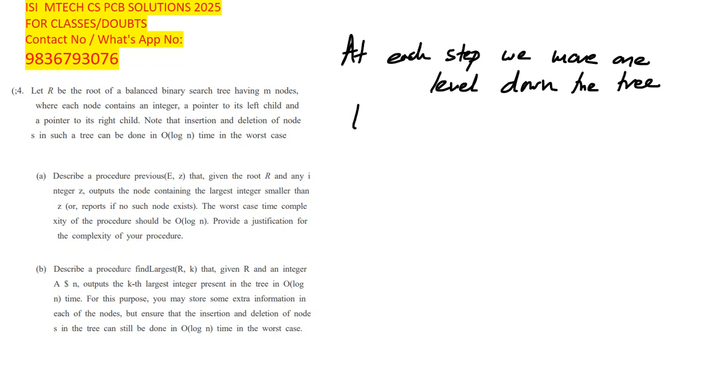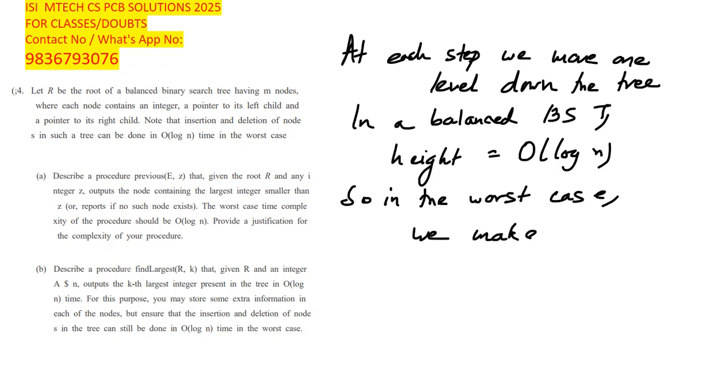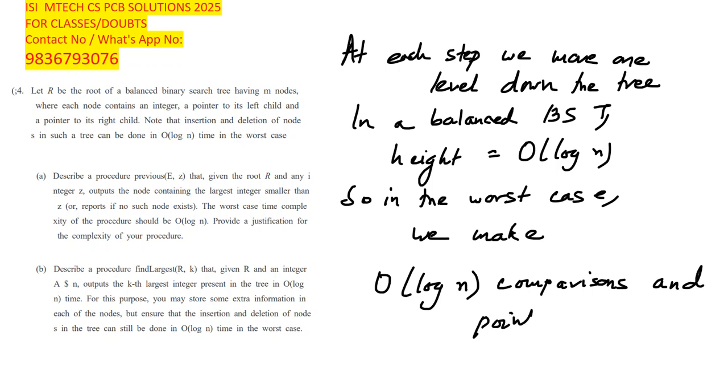Okay, so in a balanced BST, height is what? Log n. So in the worst case, we make O(log n) comparisons and pointer moves. So then the total time will be O(log n).